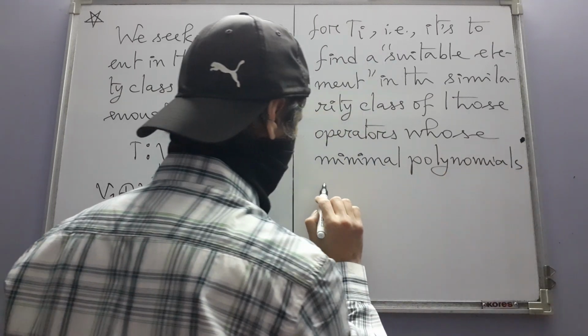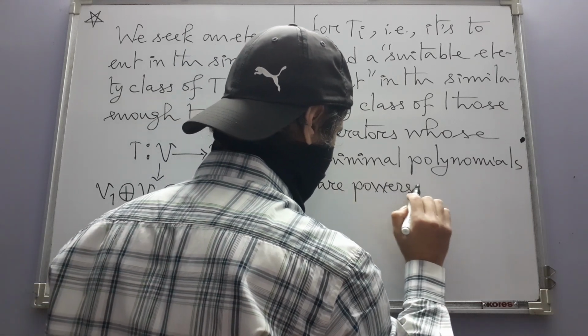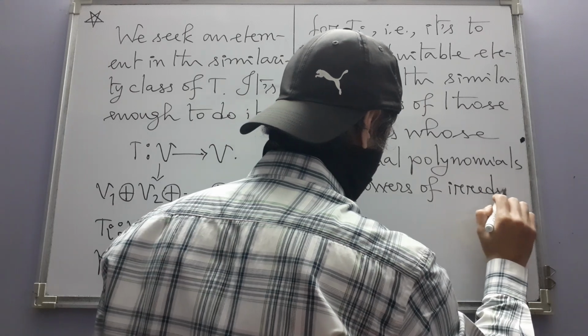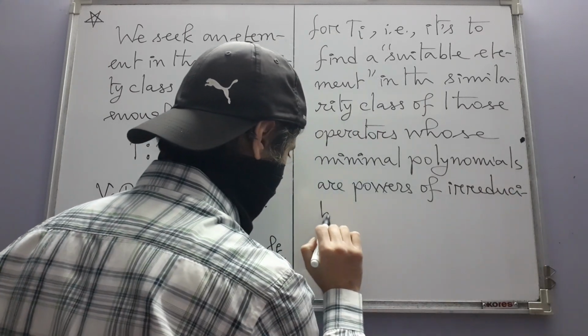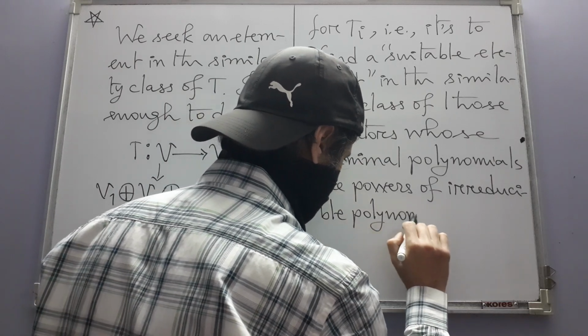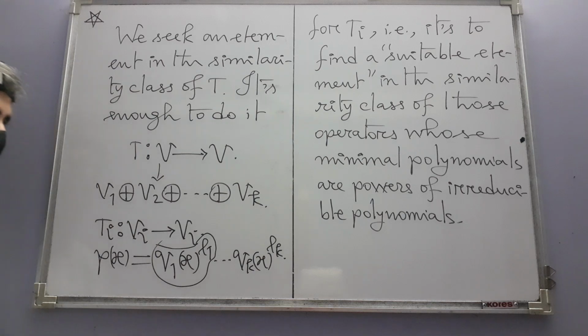They are powers of irreducible polynomials. That is, those minimal polynomials look like this.